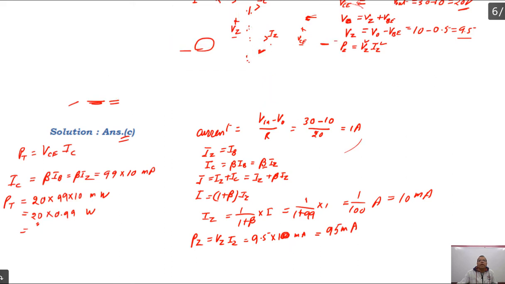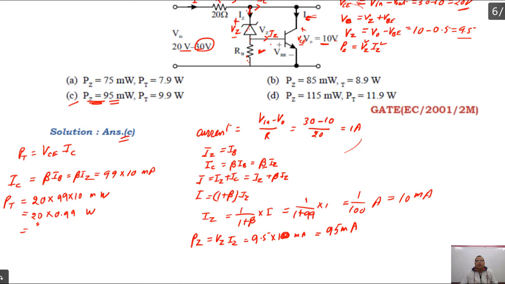Please see in the circuit, voltage VCE is the same as the output voltage, which is equal to 10 volt, right? So it has to be 10 volt, so that is a little correction here. So 10 multiplied by 0.99 is nothing but 9.9 watt.